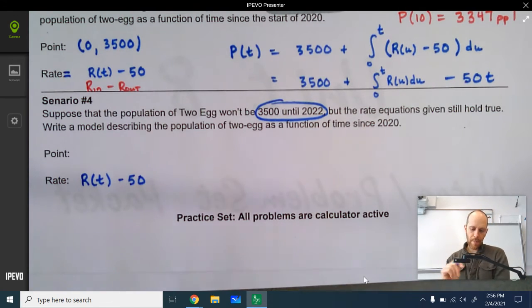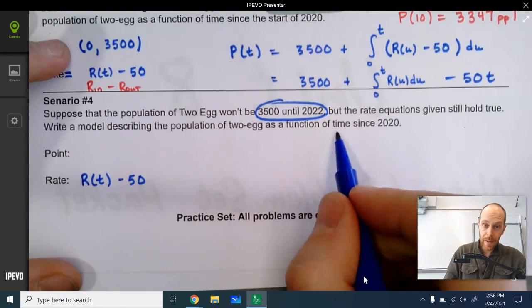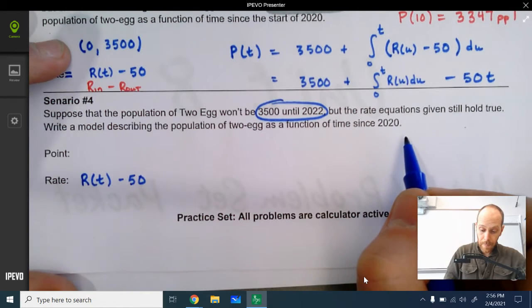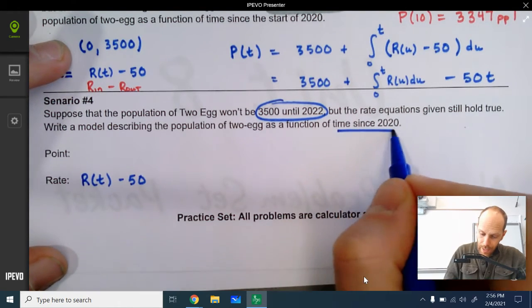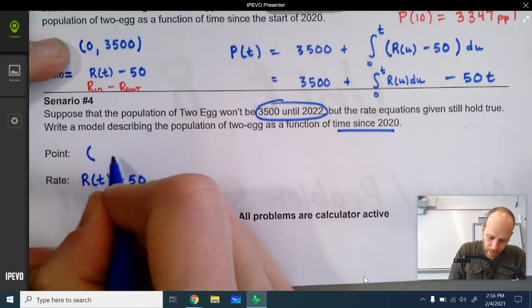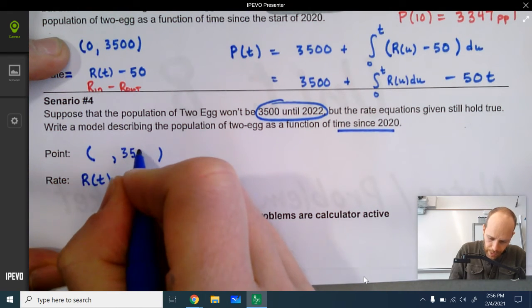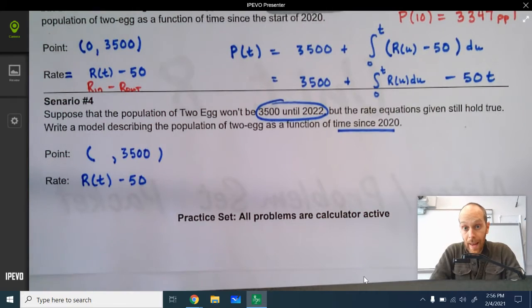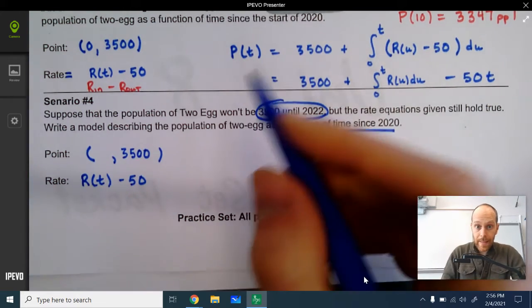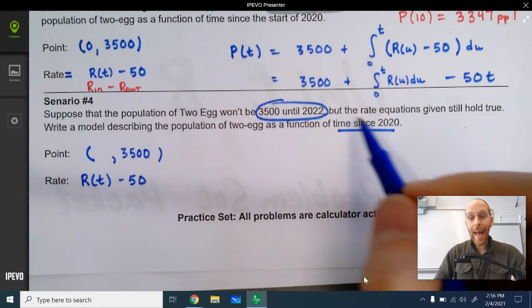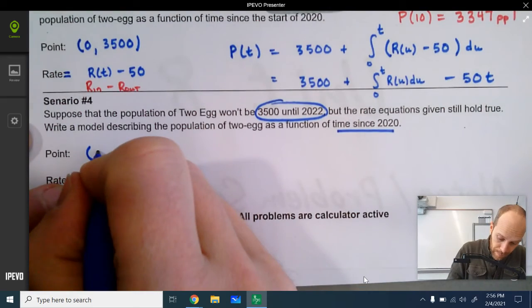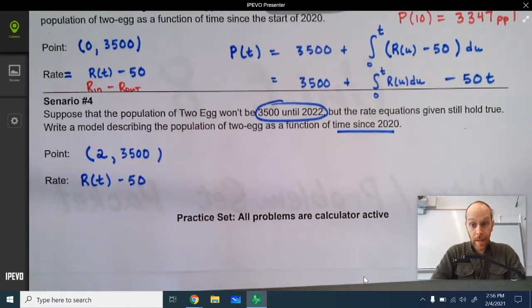Write a model describing the population of 2egg as a function of time since 2020. Well, if it's time since 2020, then our point is going to change. It's not the number of people that changed. It's the year when that number of people happened. It's now going to be 2 years after 2020. So it'll look like this.